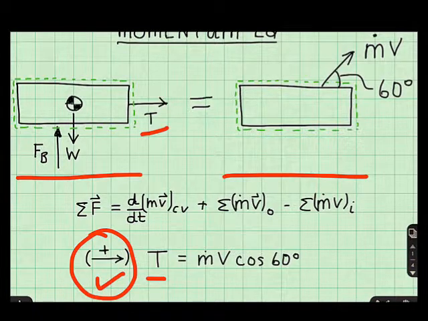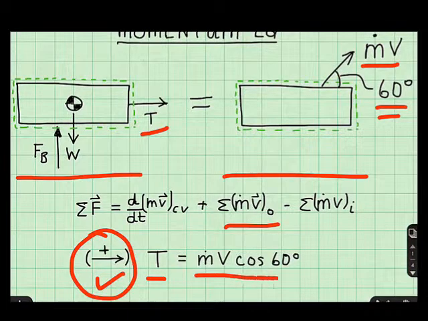And then on the momentum flow diagram, there's only one momentum flow, and it's outflow, and so it's positive. And so the x component of it is the magnitude m dot v, and then if I use cosine of 60, I pick up the horizontal component. So there's that term. So the momentum equation simplifies to T equals m dot v cosine 60.